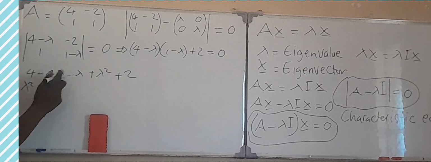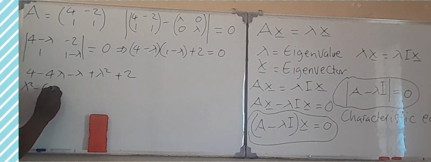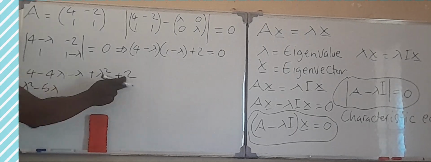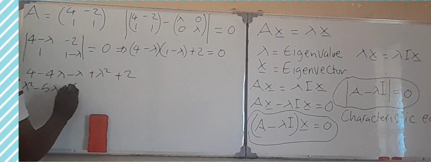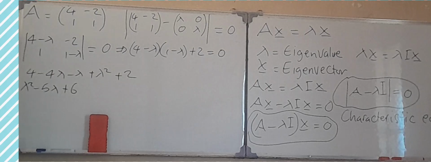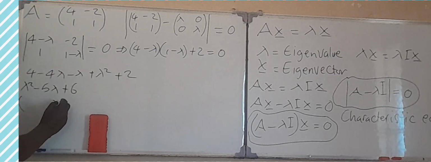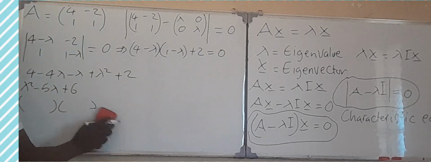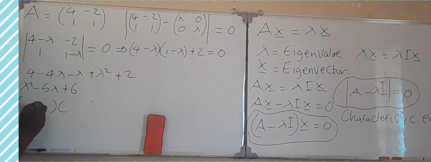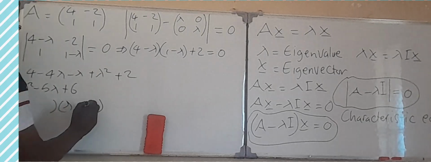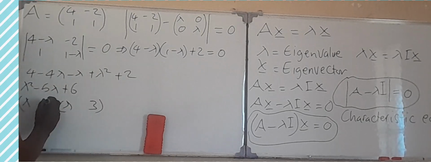Minus 4 lambda minus lambda gives us minus 5 lambda. 4 plus 2 here, that gives us 6. Let's factorize this. We're going to have our lambda here and our lambda here. Factors of 6 adding to minus 5 give us 3 and 2, and both must be negative.